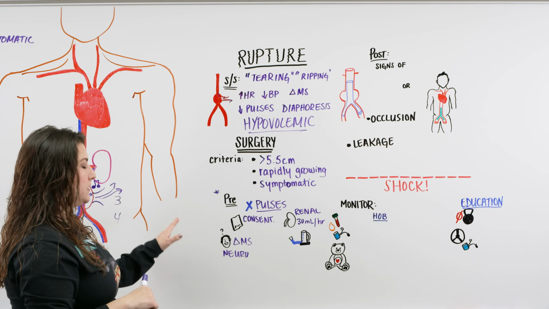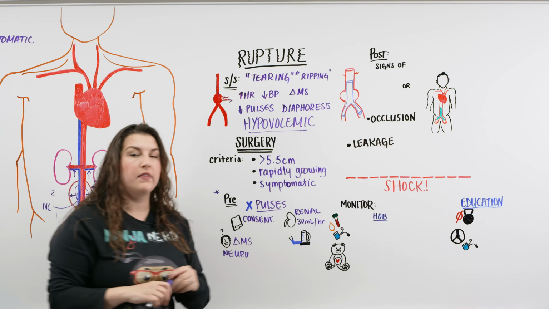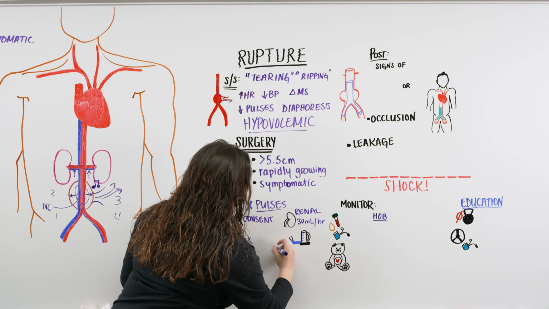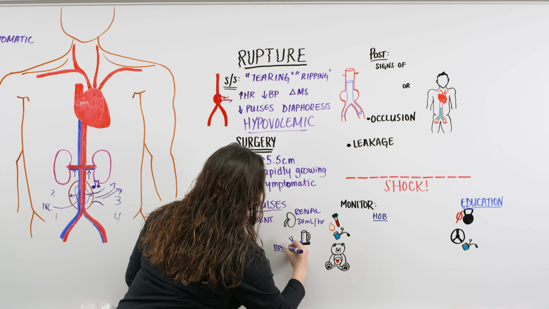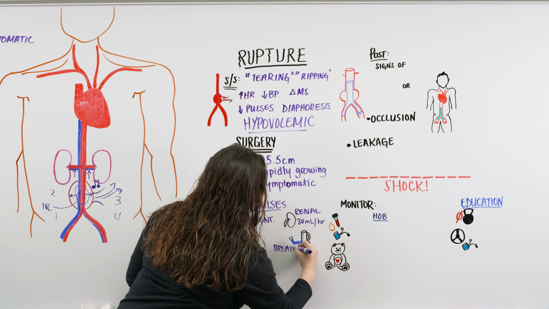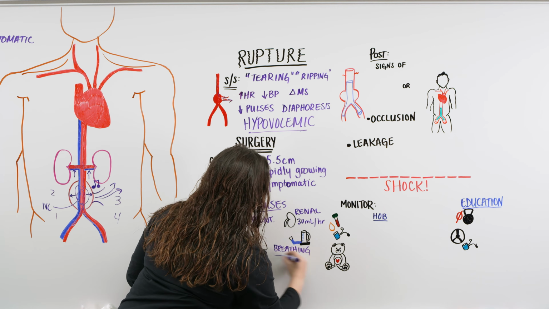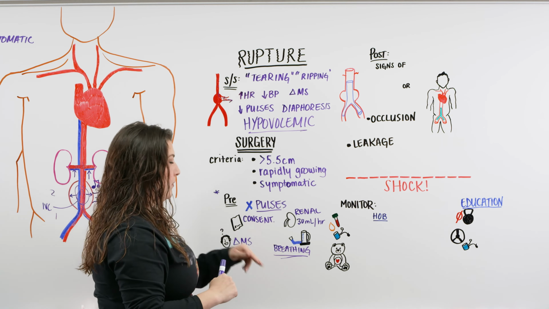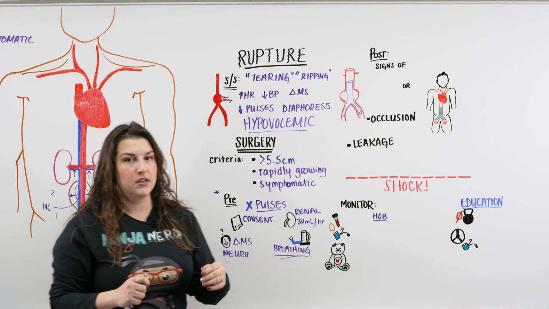So pulses, consent, neuro and renal status, and then the last thing, if you have time, so hopefully you can teach them about their breathing exercises. So a patient that is going to be having any type of surgery typically is going to need to learn some breathing exercises. We have an incentive spirometer here, and we also can teach them deep breathing exercises.